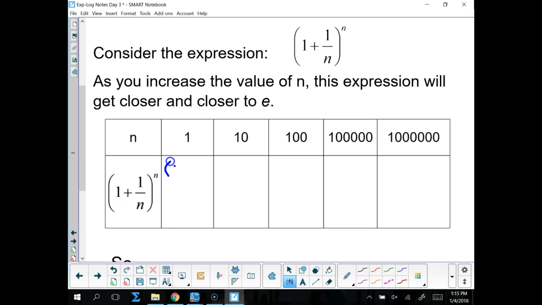That's going to be 1 plus 1 divided by 1, to the first power. That one we can do in our head. 1 divided by 1, 1 plus 1 is 2, 2 to the first power is 2. So this here is 2.